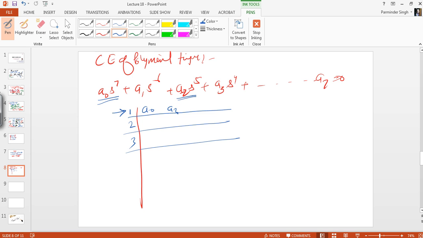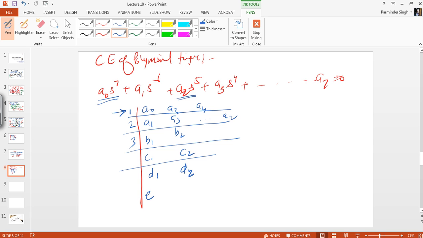We're going to have a2 a3 a4 can be there, and then so on. The ones which are left over are going to come in the second row, a1 a3, and then a2. Now moving further, we're going to have b1 b2, c1 c2, d1 d2, e, and so on.